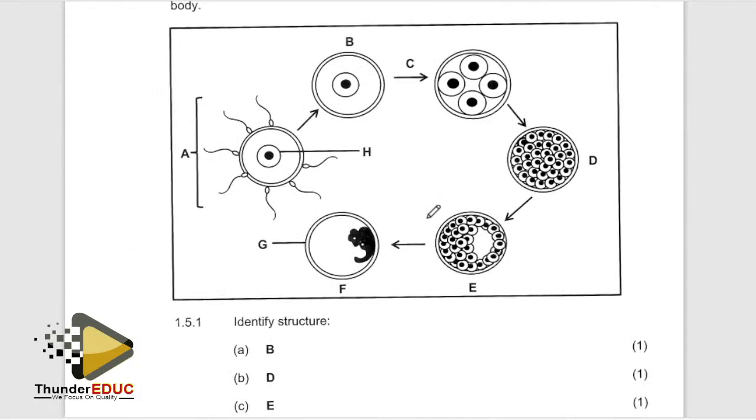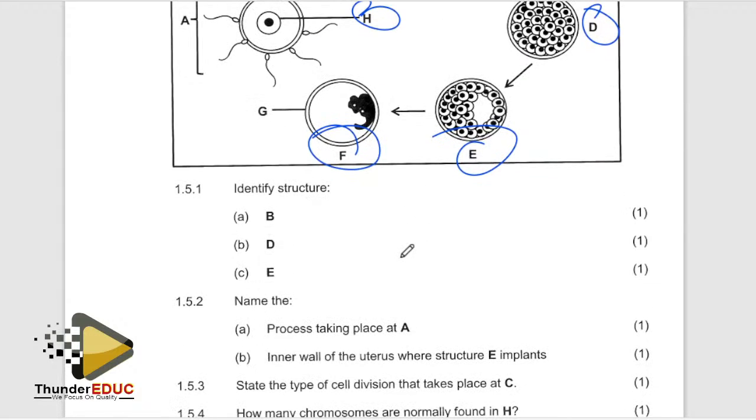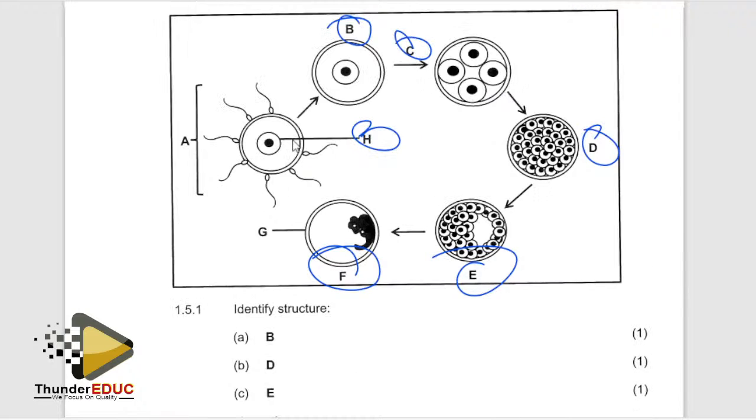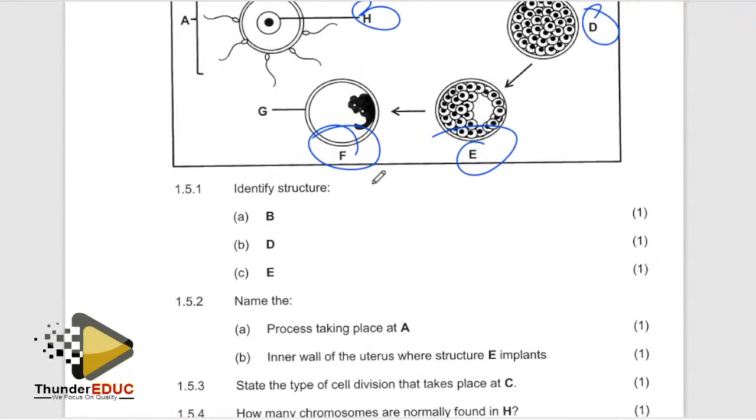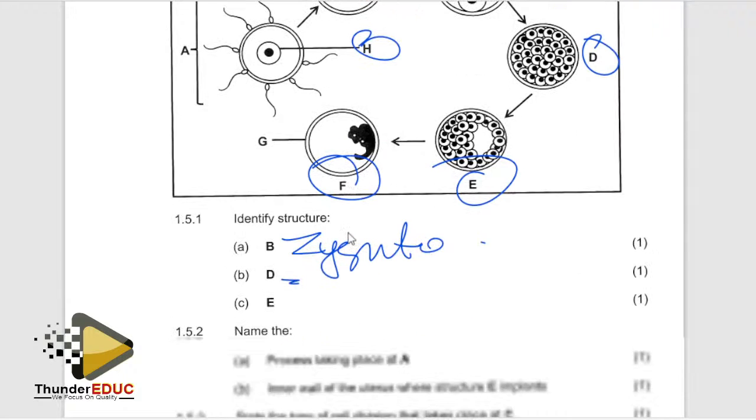I emphasized this process. This is the zygote, mitosis, ball of cells, morula, blastula, and then this is implanted. Yes, so it has been implanted. Okay, structure B. What is structure B? B is zygote, and then D is morula.